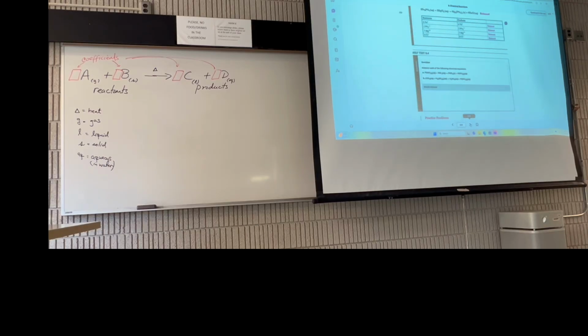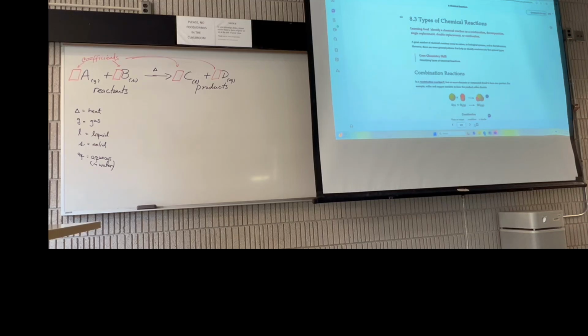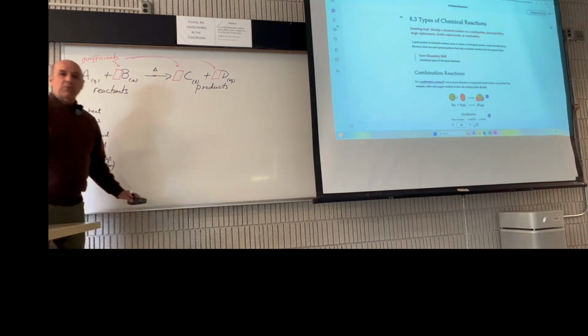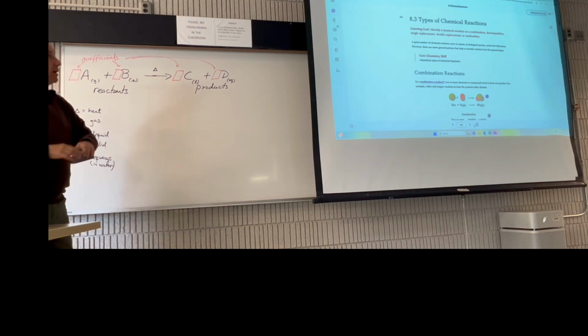So we're way ahead. Here is where I wanted to be. Today we're going to finish these theoretical aspects of Chapter 8, and then we're going to start looking at some problems with real numbers, real balancing equations like from your homework.